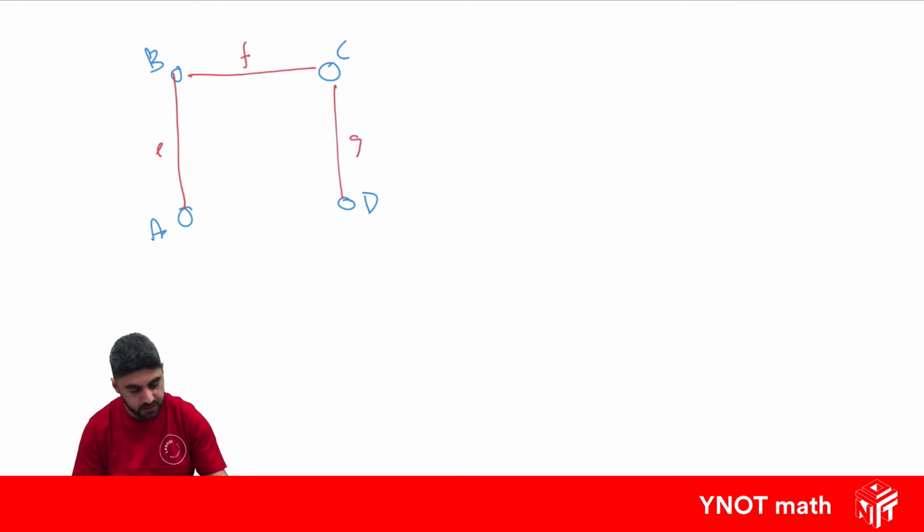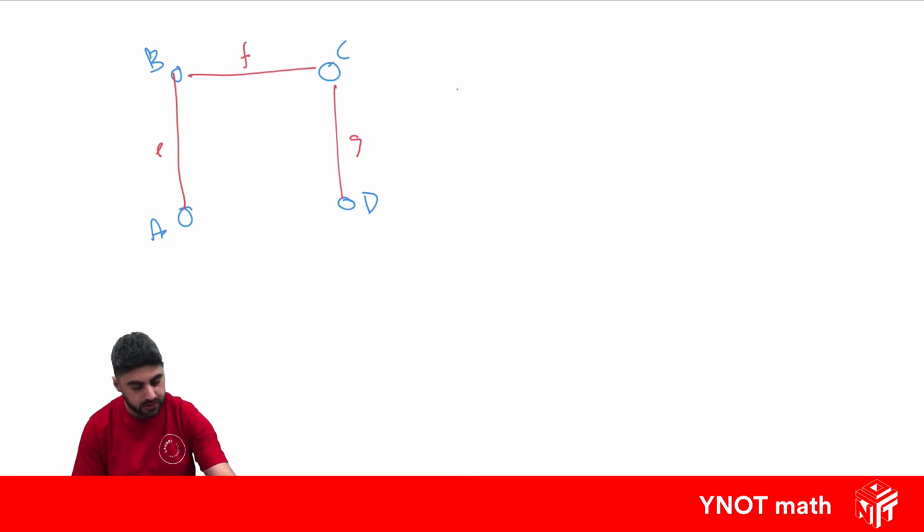Okay, let's look at the same network. A, B, C, D, E, F, and G. Now, that was a walk. Here, we're going to look at a path, and a path is a walk that only visits a vertex once. So the previous one I did was also a path because it did only visit each vertex once.